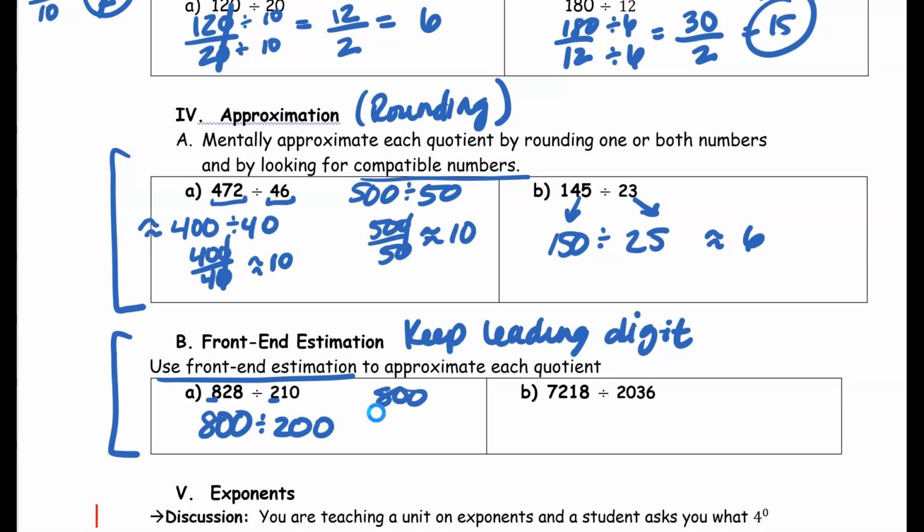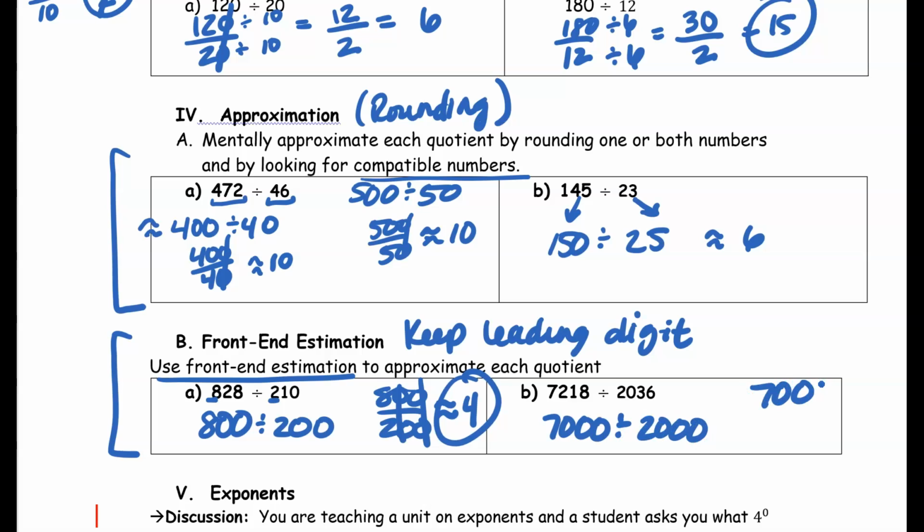And if you write it this way, it's nice because you can cross off those zeros, and you're left with 8 divided by 2, which is 4. And then for this one, we'll do 7,000 divided by 2,000, or again, if you want to write it vertically, you can cross off all those zeros, 7 divided by 2 is 3.5. So approximately 3.5 for that one.